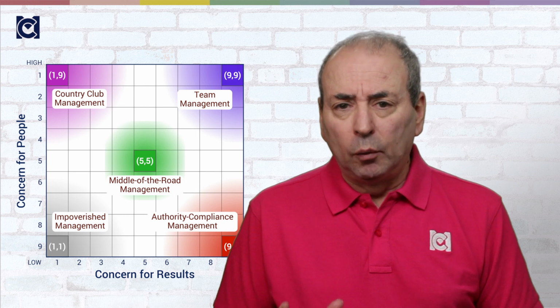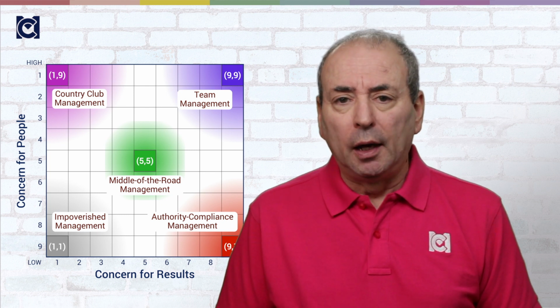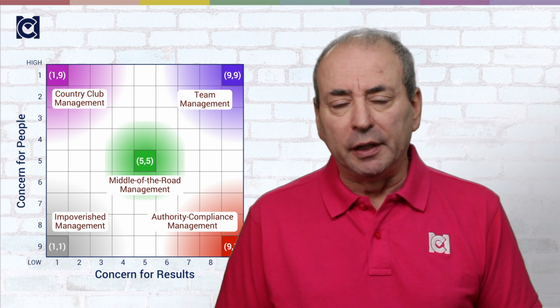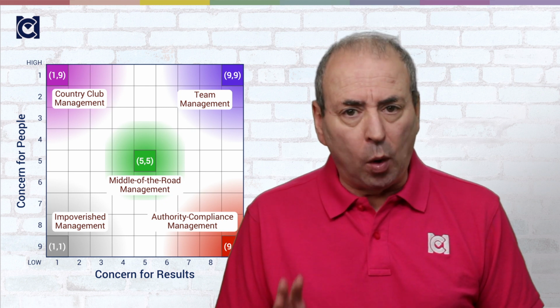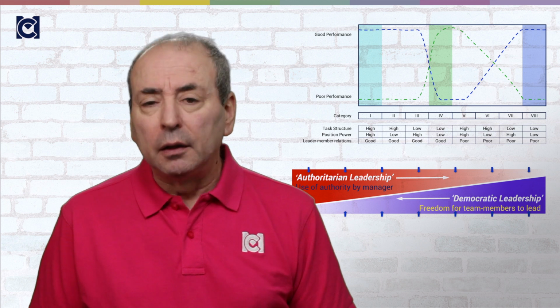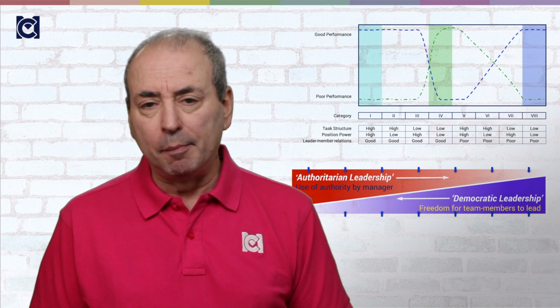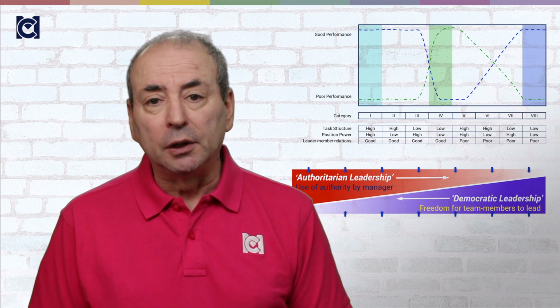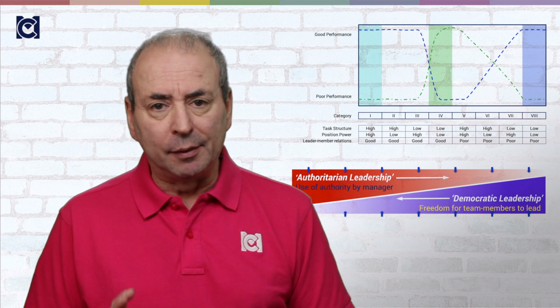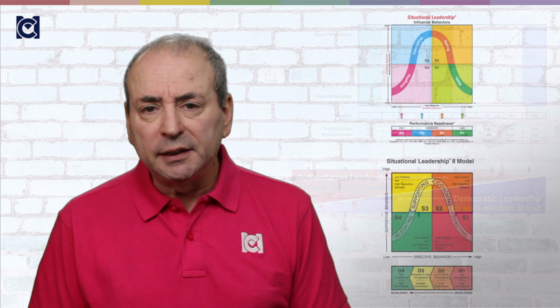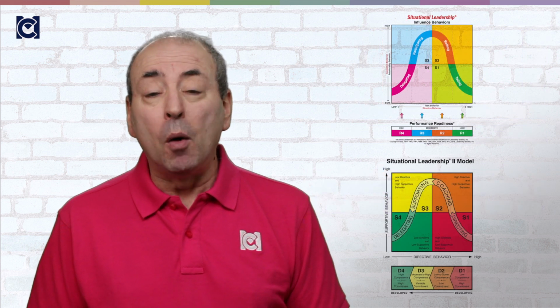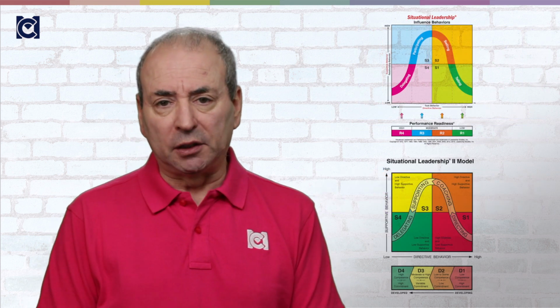Earlier in this course, we saw how Blake and Mouton identified a number of different leadership approaches and concluded that there was a best one. However, like Fred Fiedler, Robert Tannenbaum and Warren Schmidt, whose contingency model and leadership continuum models we saw in earlier videos, Hersey and Blanchard believed that there was no one best leadership style.